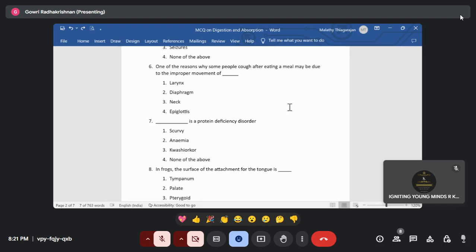But if the flap is not working properly, sometimes people cough after eating a meal, or even while eating, because it does not go completely into the esophagus. So the reaction happens.